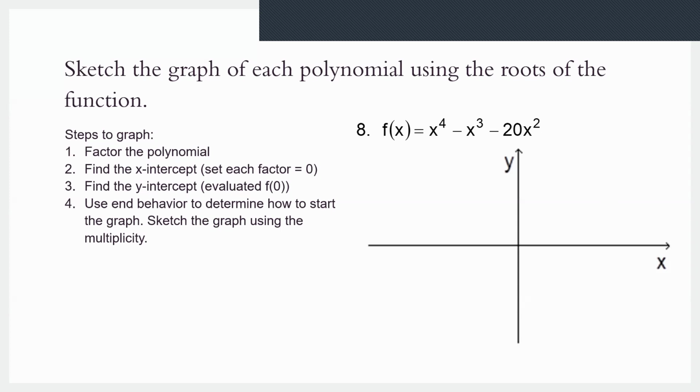So factor out the x squared, you should have an x left of 20. And there was no negative, so why put a negative there now? There's no negative. You're right. It's just x squared minus x minus 20. Okay, now factor.